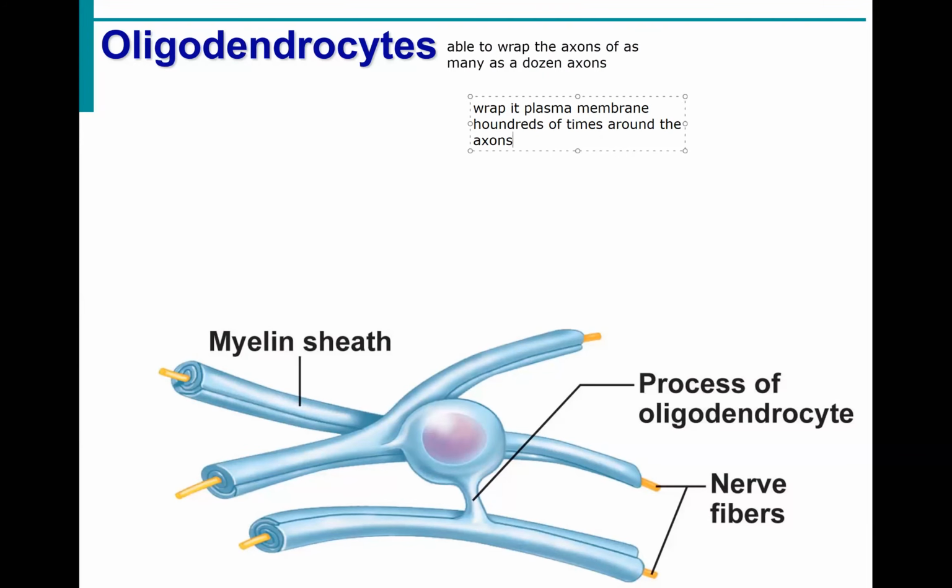And when it does this, it basically produces this special insulation. And this special insulation is called the myelin sheath. I spelled sheath right. And notice that's what we see here in the illustration. This is that myelin sheath. It's wrapping itself hundreds of times around it, forming an insulation.